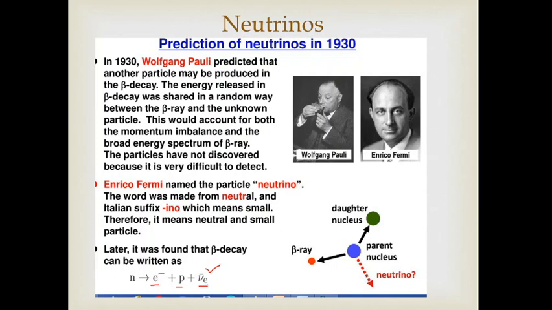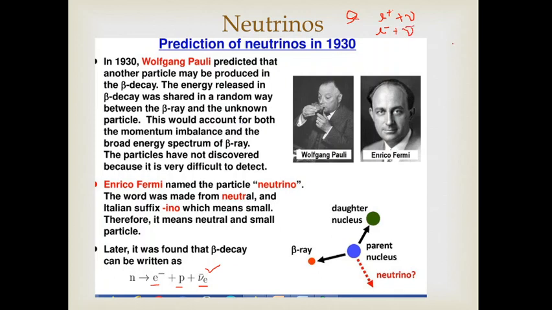With an electron it is always an anti-neutrino, and with a positron, if it is positron emission, then it is always accompanied by a neutrino. If it is an electron, then it is always an anti-neutrino.